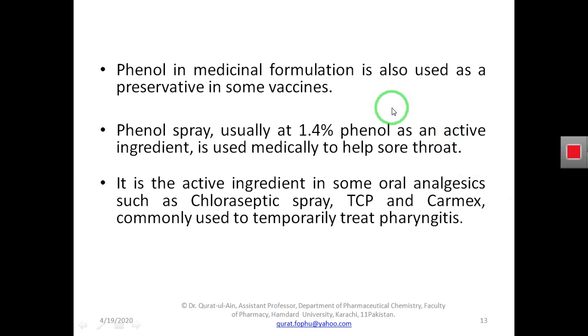Phenols can be used as a preservative for the preparation of various vaccines. Phenol spray containing 1.4% phenols is used to help sore throat, and phenols are also used in various sprays that are used to treat pharyngitis.